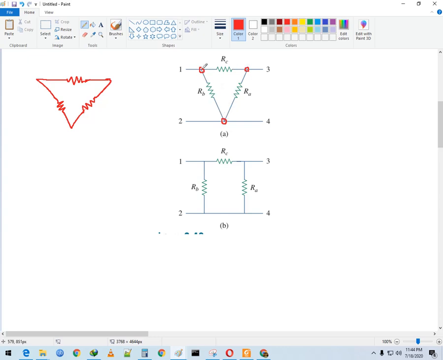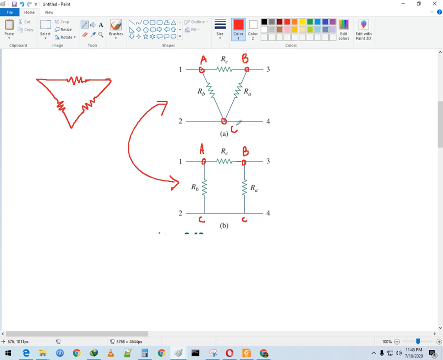For the sake of simplicity, let's call them node A, node B and node C. RB is in between node A and C. Here RB is also in between node A and C. Sorry, I have to mark it as node C. So this is node C and this is node A, and this is node B. So these two circuits are exactly the same circuit because electrically there is no difference.